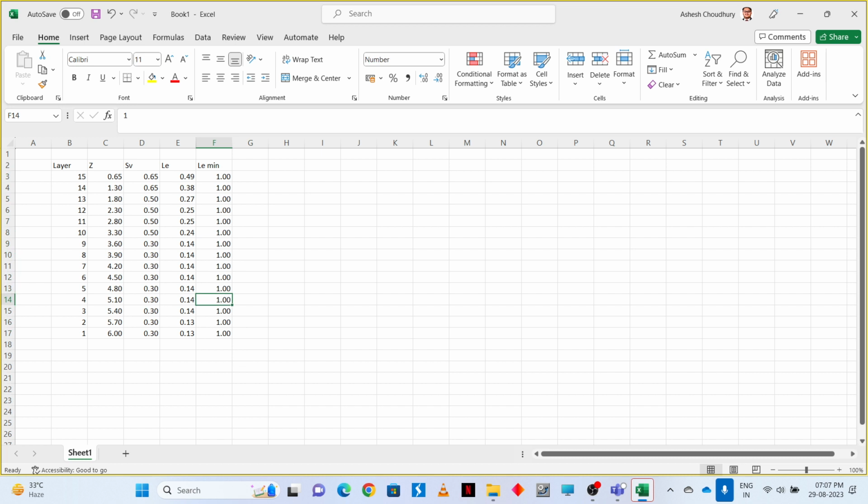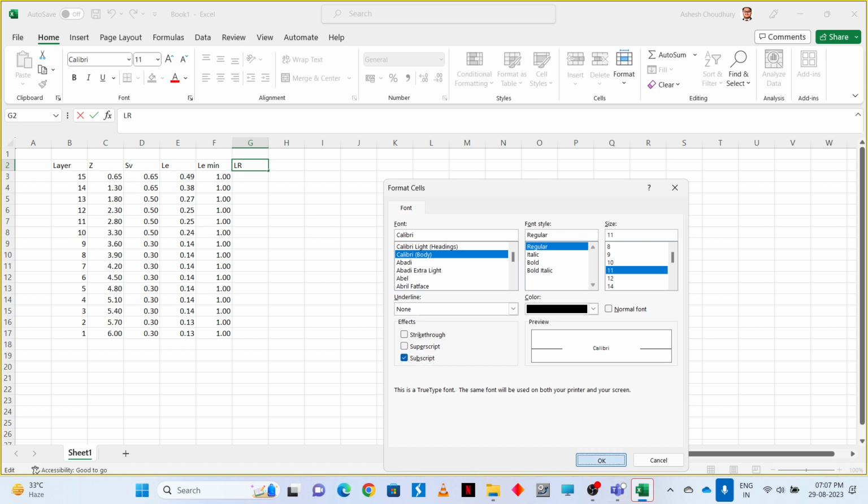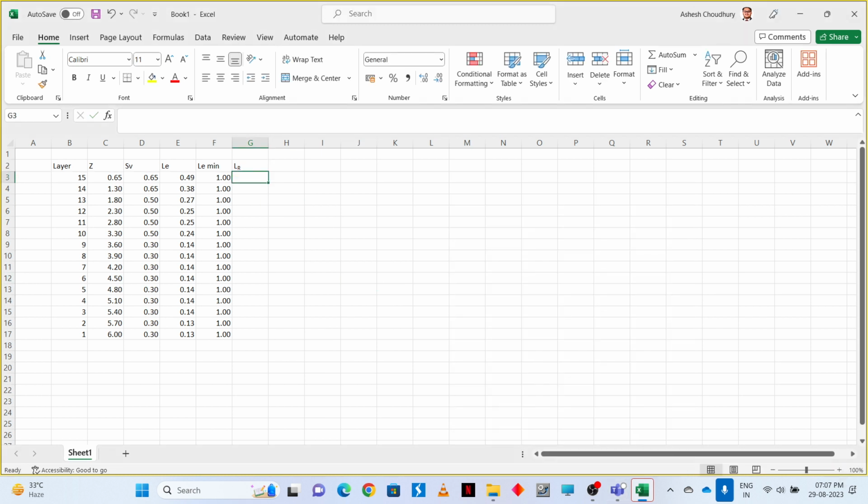Now LE we determined. So the next step is to determine LR. So LR is H minus Z, 6 minus Z, times 0.509.